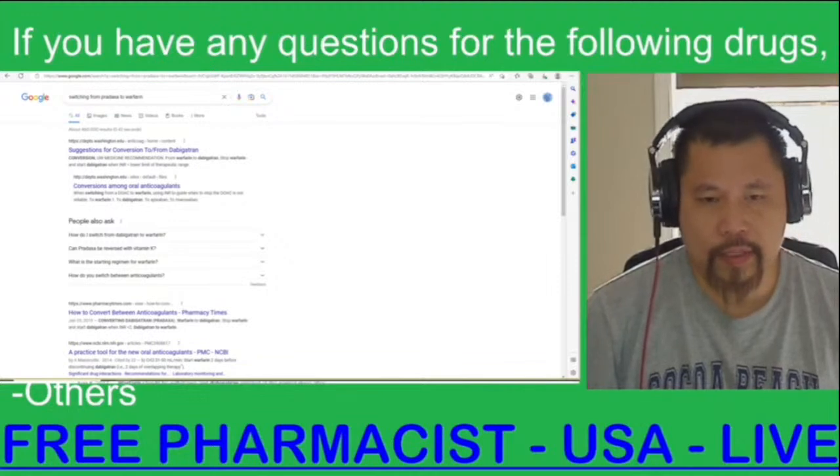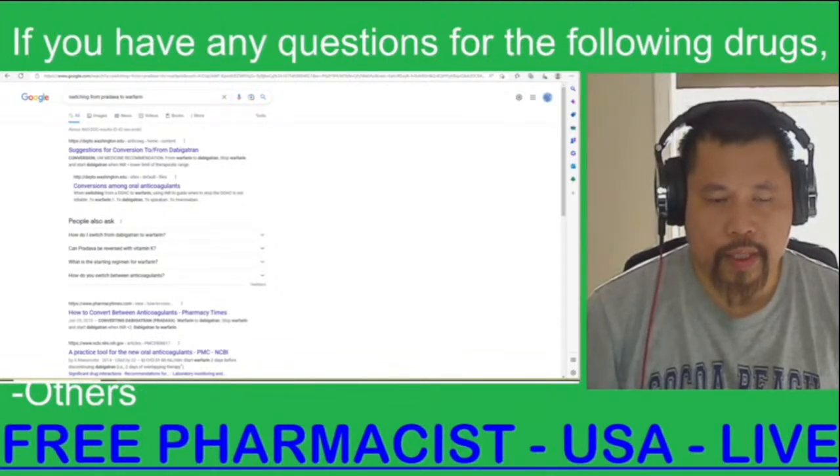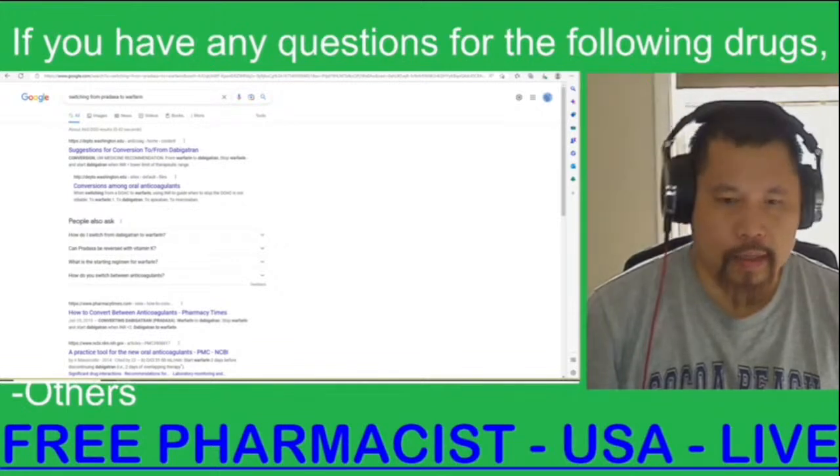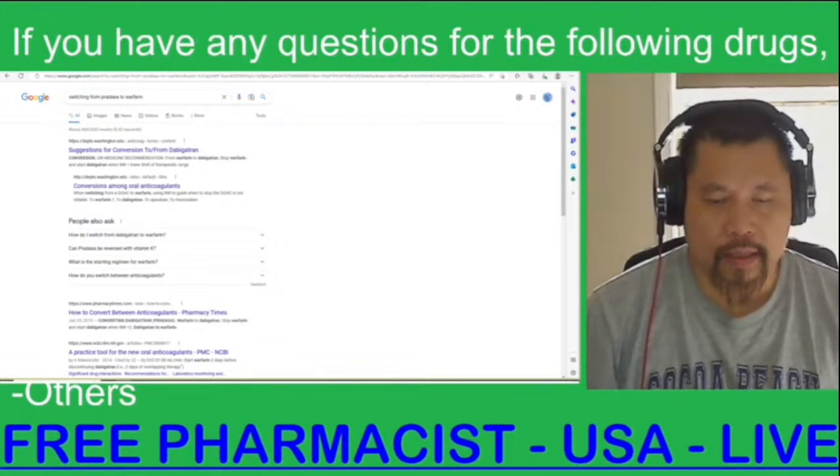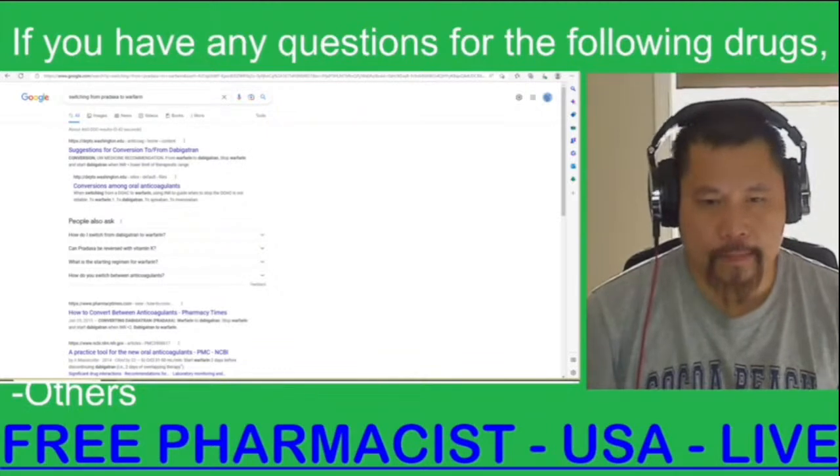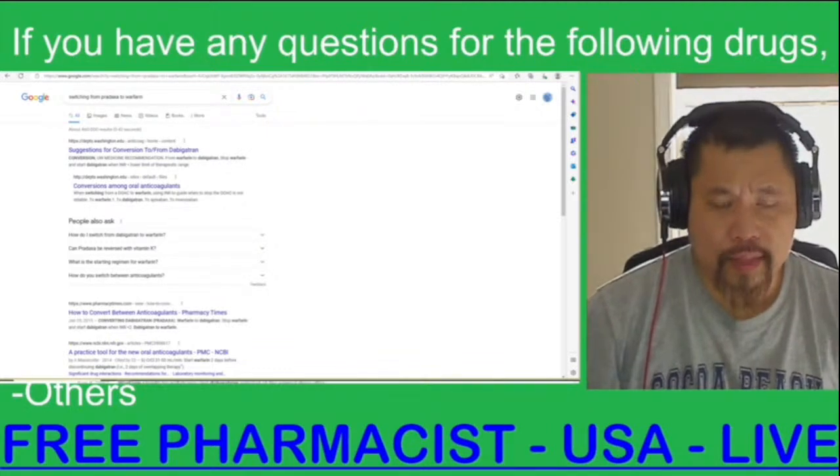At the time of the visit, when INR is less than 2, then probably you can hold the warfarin 1 day, but that's if the patient has the medication on hand, then when INR is less than 2, stop warfarin and start Dabigatran.